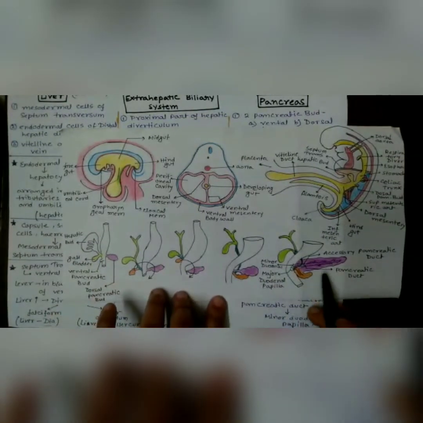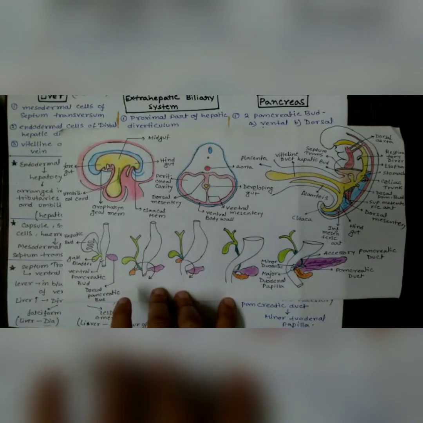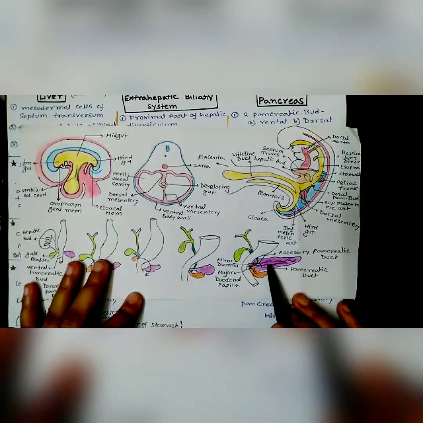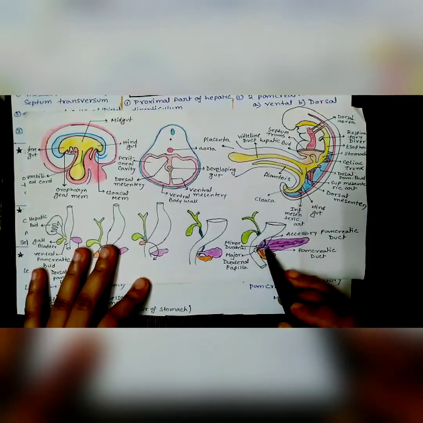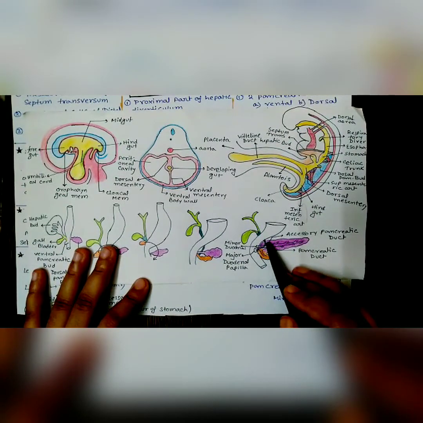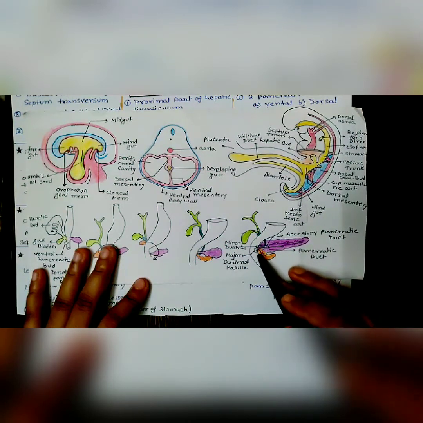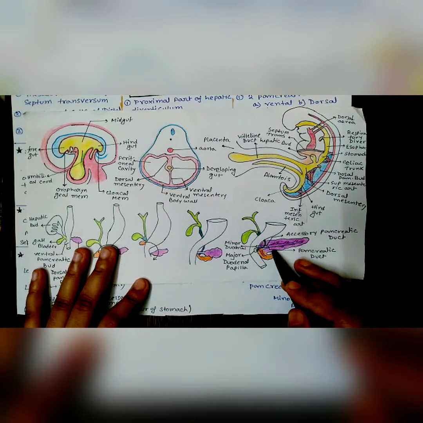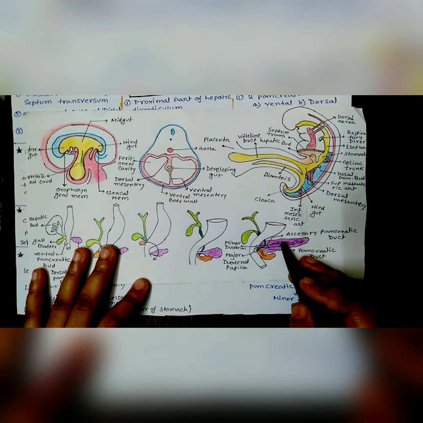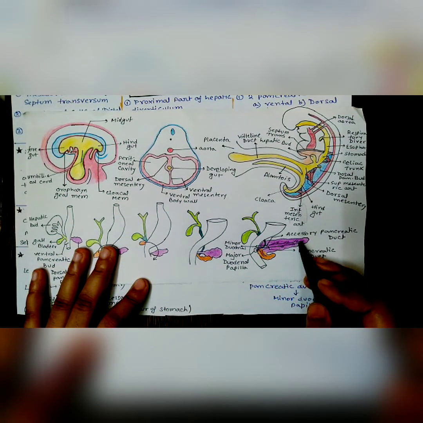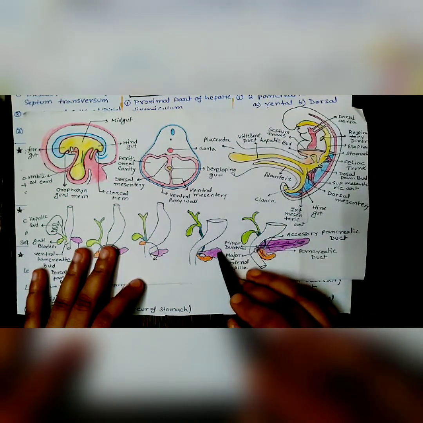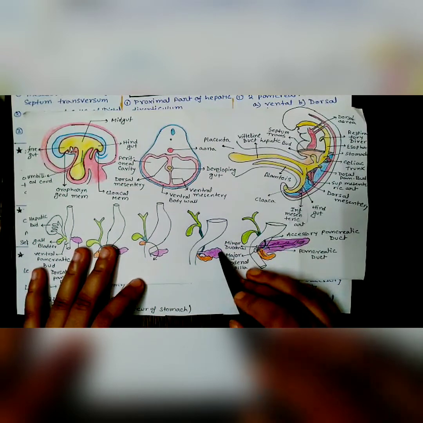The uncinate process is also a part of the head of the pancreas, but a little part. So the remaining part of the head of the pancreas, neck, body, tail, everything will develop from the dorsal pancreatic bud.